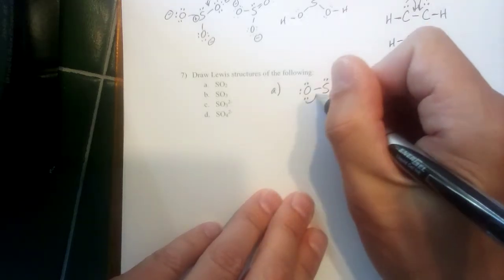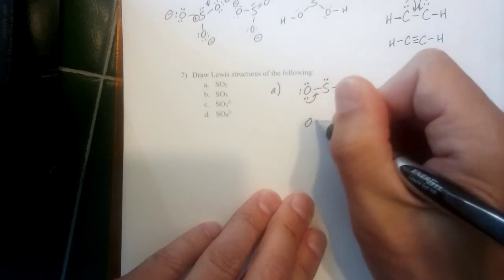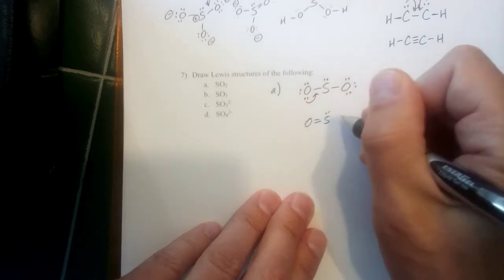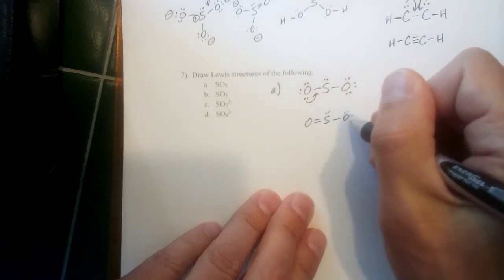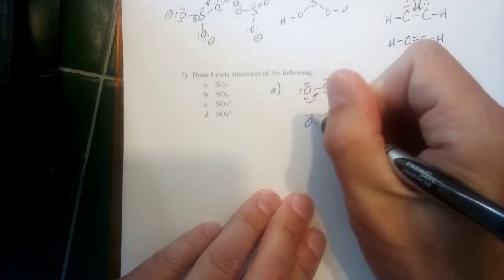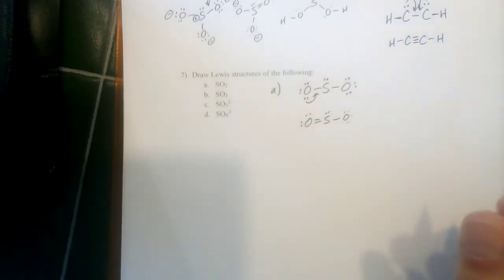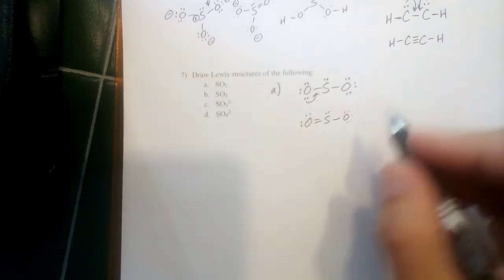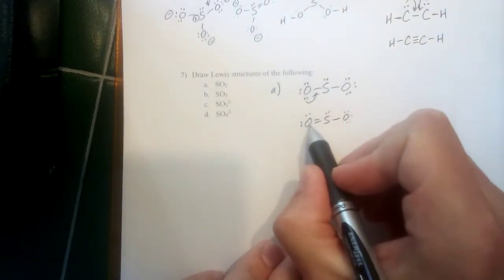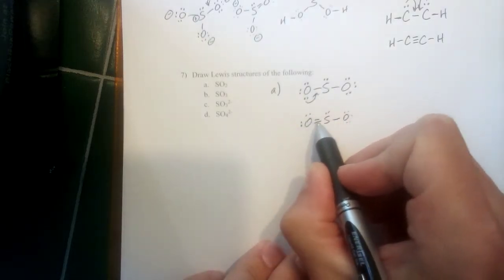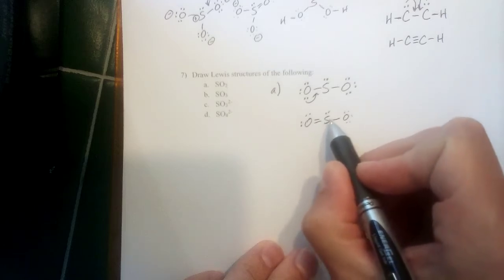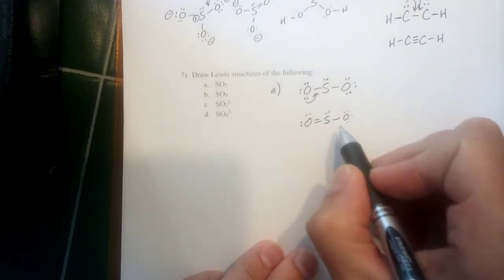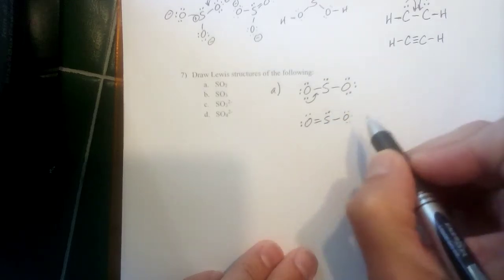So if we add 1 double bond here to make sure that sulfur has 8 electrons, we should probably recognize that that's not the best in terms of formal charges. We did get this oxygen to a 0 formal charge, 6 minus 2 minus 4. And we got the sulfur to a better position by getting it to satisfy the octet rule.